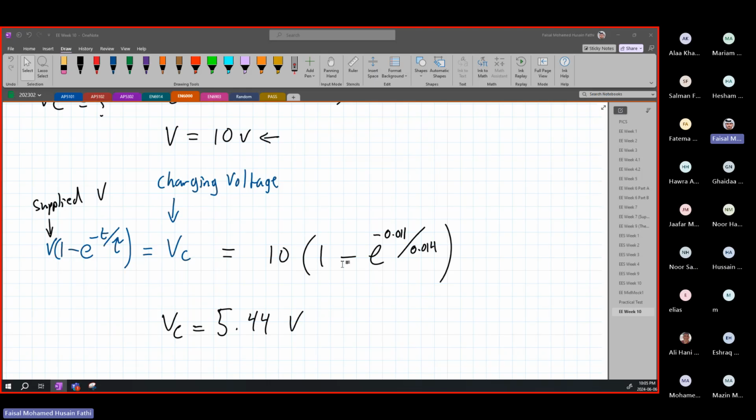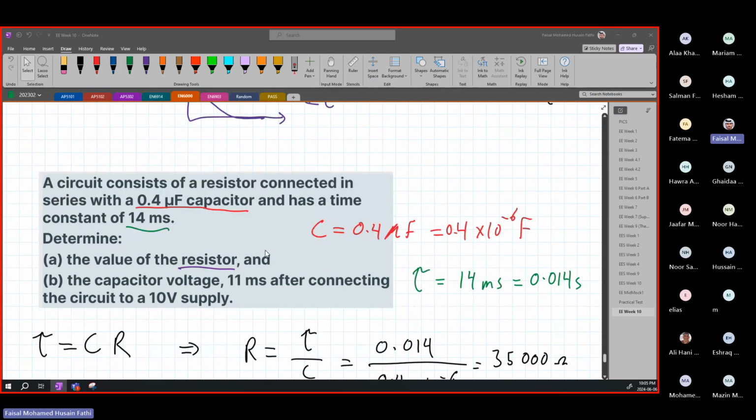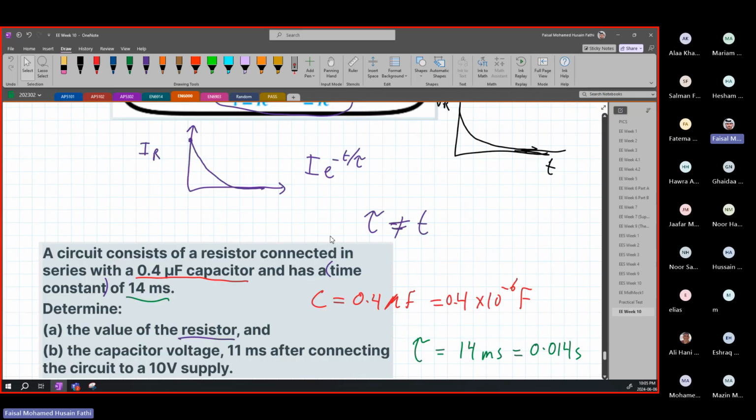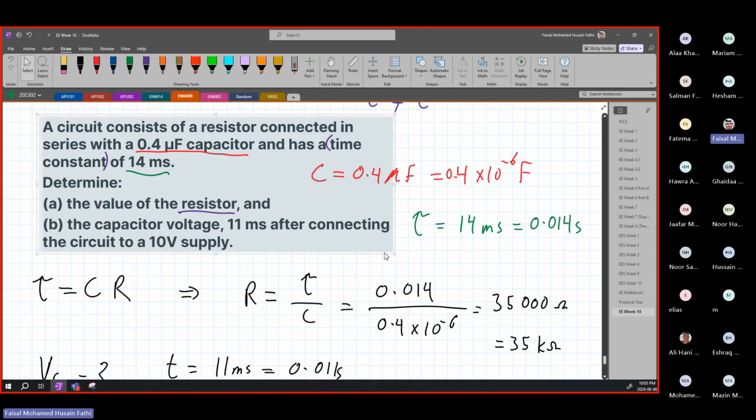The first step: time became tau. The first step here, they said time constant. Time constant is not the same as tau. Okay? Time constant means your tau. This isn't equal to t. This isn't the same as the time. This is a property of the circuit, depending on your resistance value and your capacitance value.